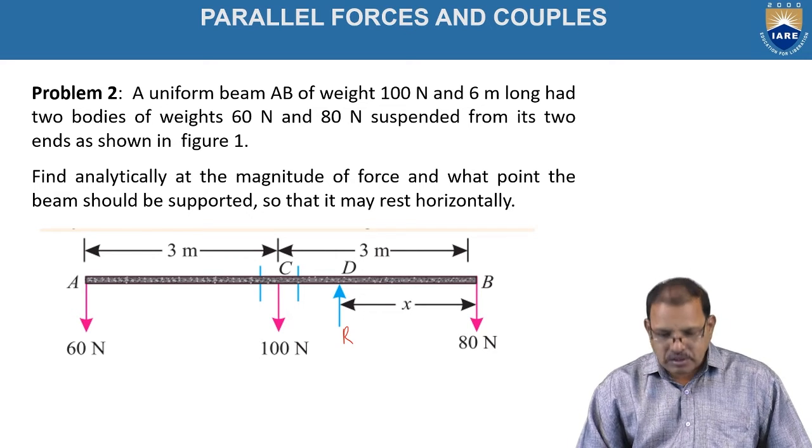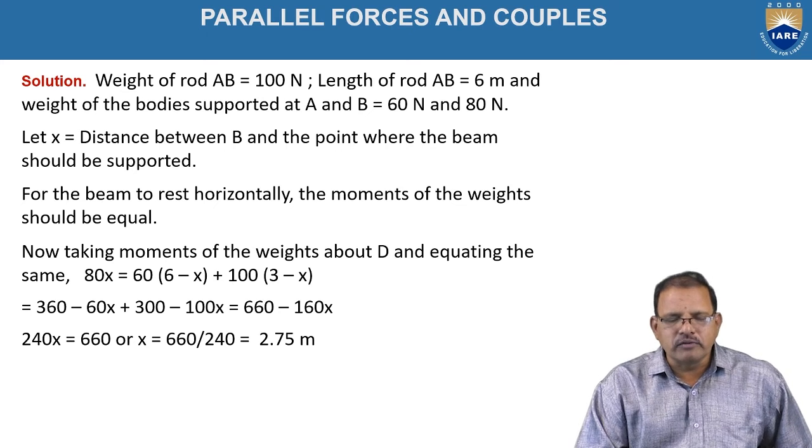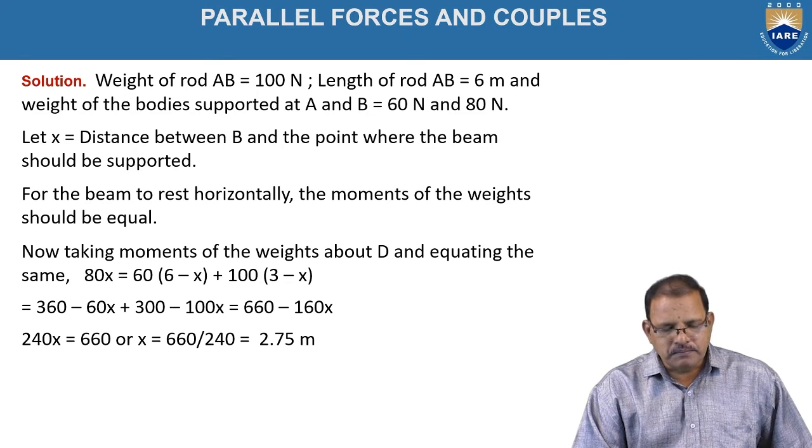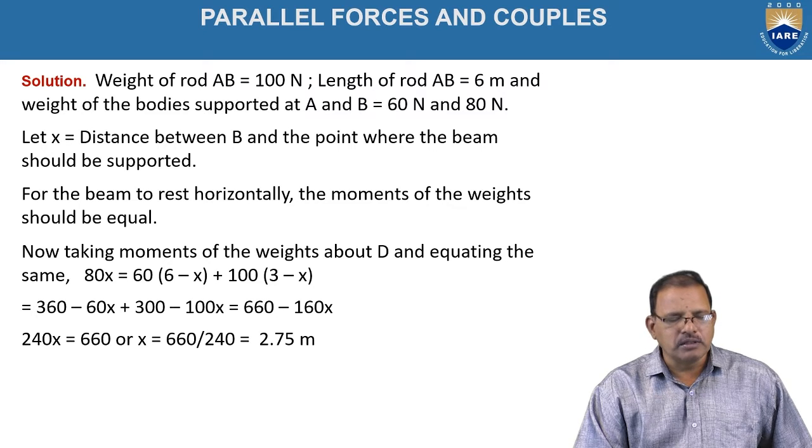Here the weight of the rod is given as 100 newtons, passing through the midpoint. The length of the rod is 6 meters. The weights of the bodies supported at A and B are 60 and 80 newtons. Let x be the distance between point B and the point where the beam should be supported.